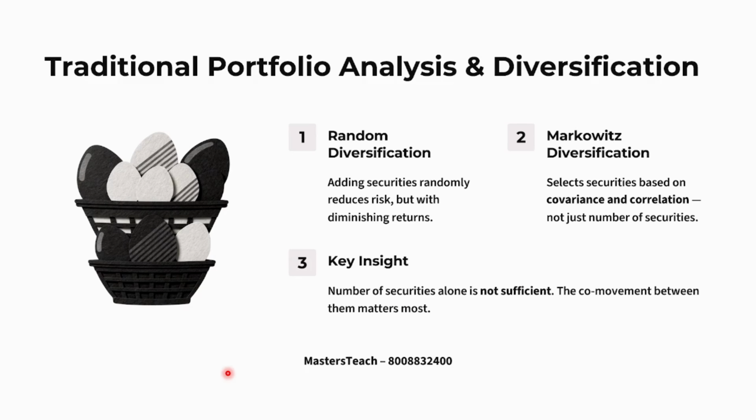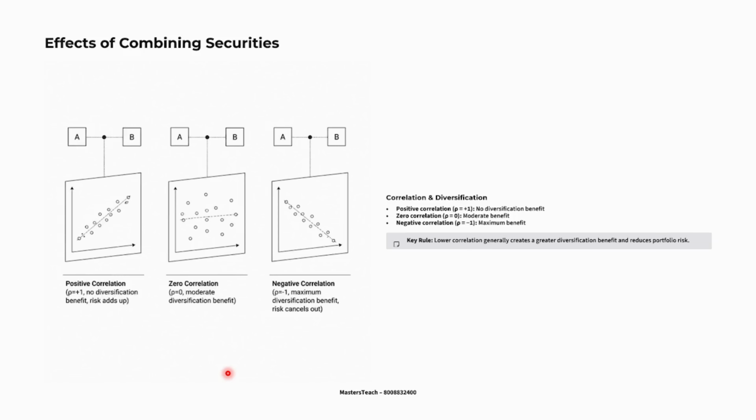Key insight: the number of securities alone is not sufficient. The co-movement between them matters the most. How many shares you have does not matter, how many things in the portfolio does not matter, but the co-movement matters, each should move accordingly. That is the main motto. So this is about the theoretical part.